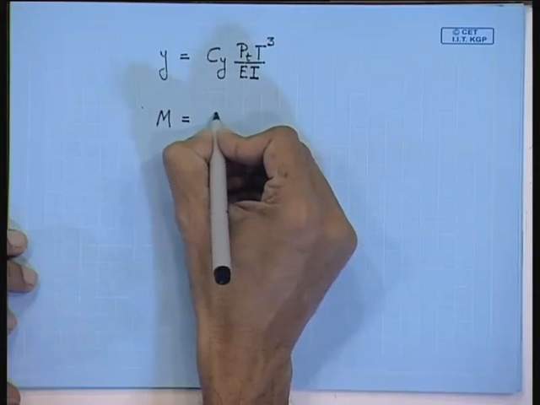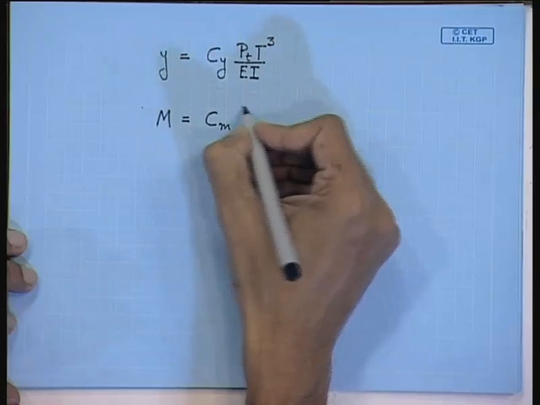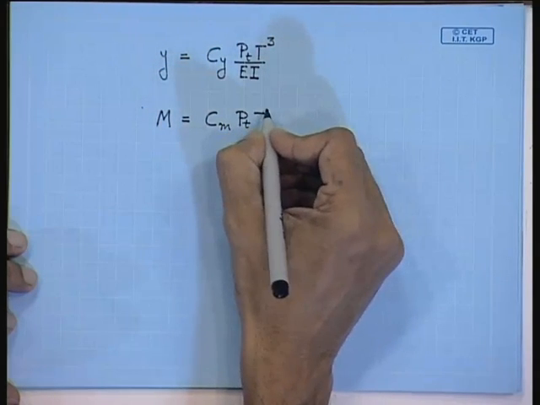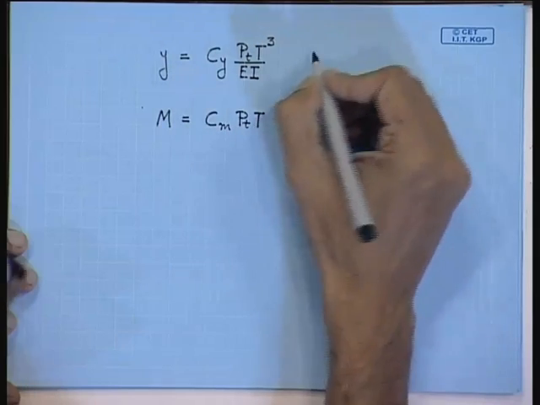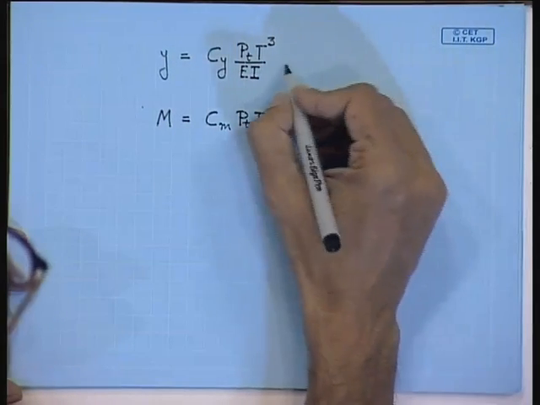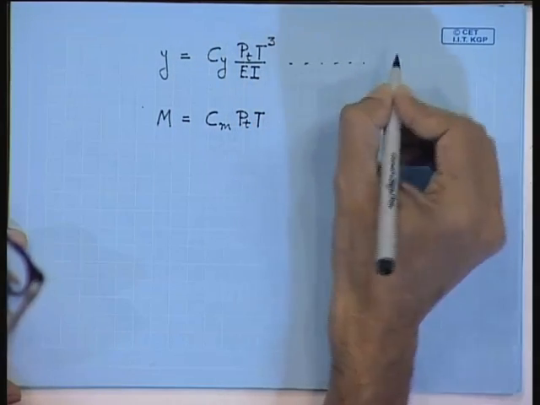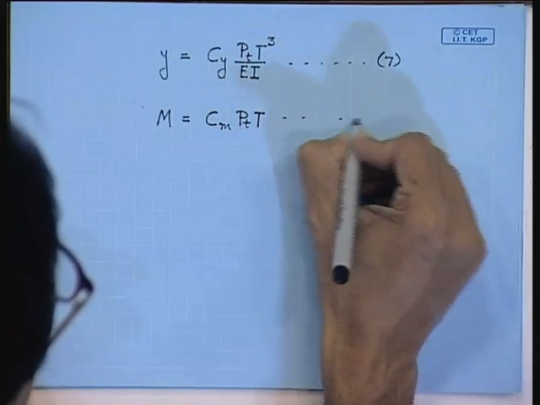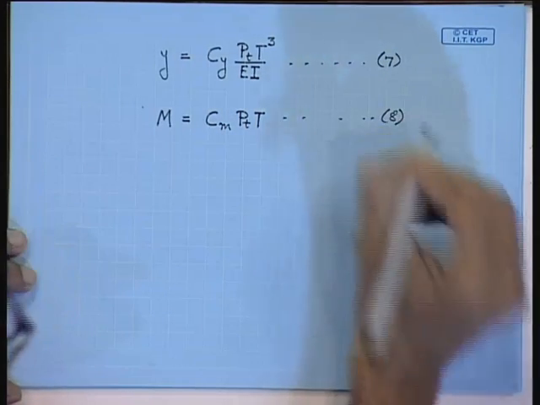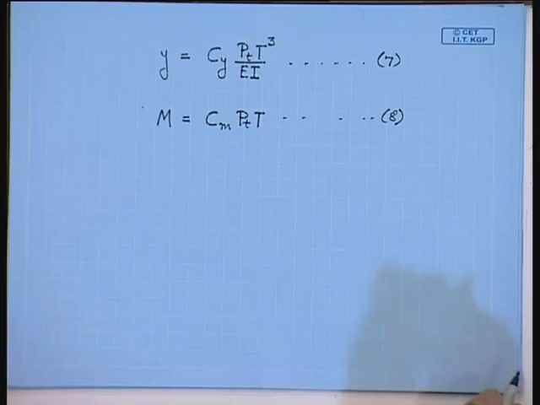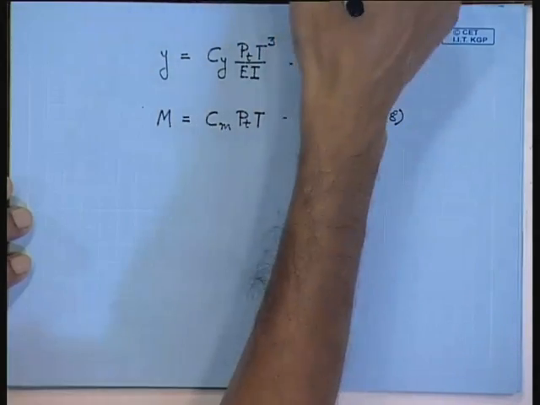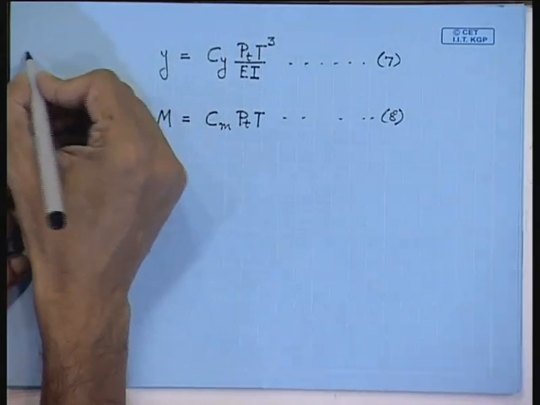So, this is simply Cm multiplied by PT T. Now, these two equations we will use to find out the, so this is equation number 7, this is equation number 8. So, these two equations you remember, the deflection and bending moment equations, and the coefficients of Cy and Cm.